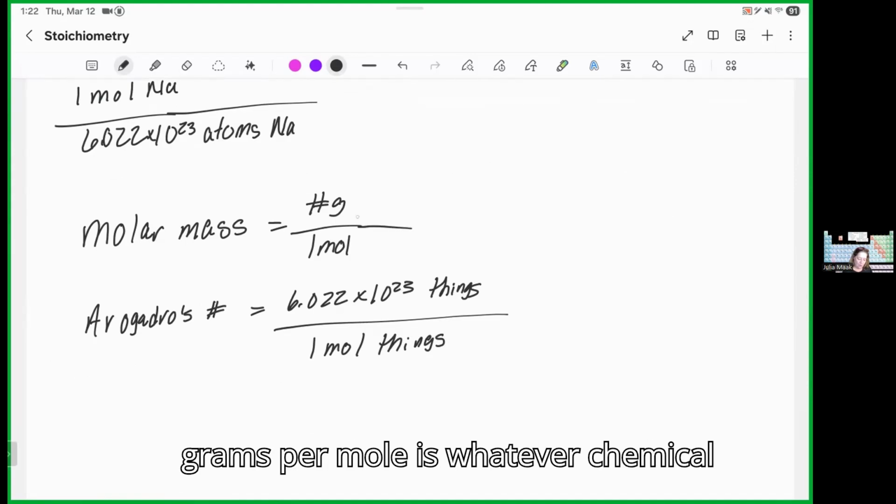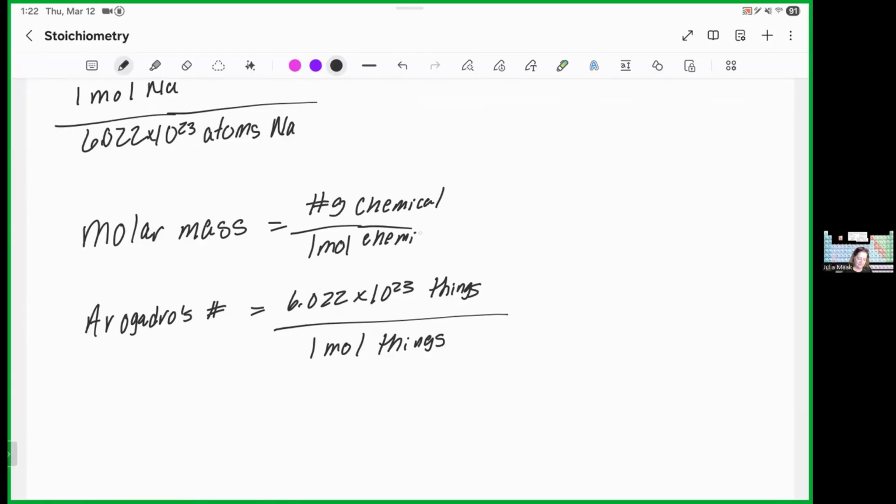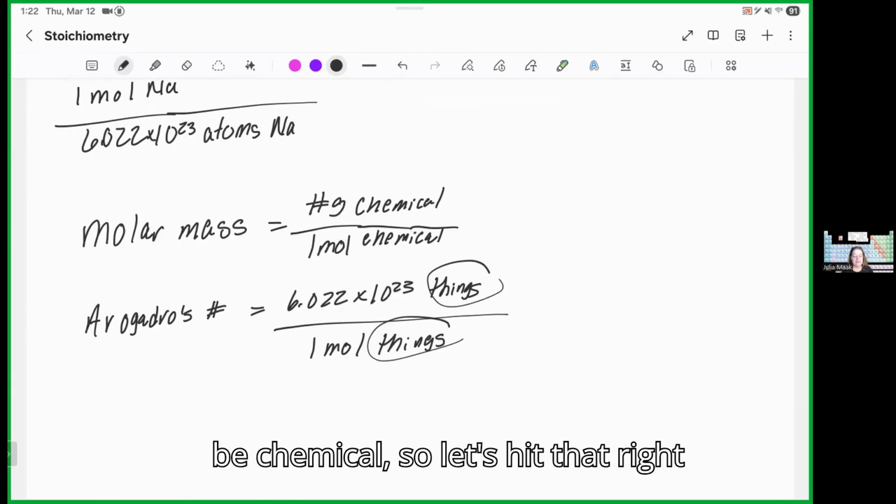Okay, and this grams per mole is whatever chemical you're talking about. Okay, and these things are going to be chemical. So let's hit that right now.